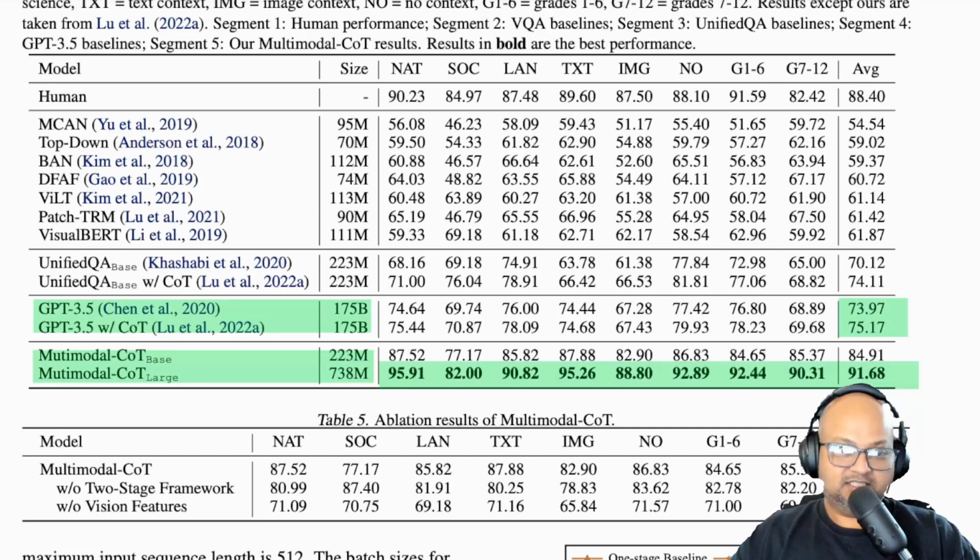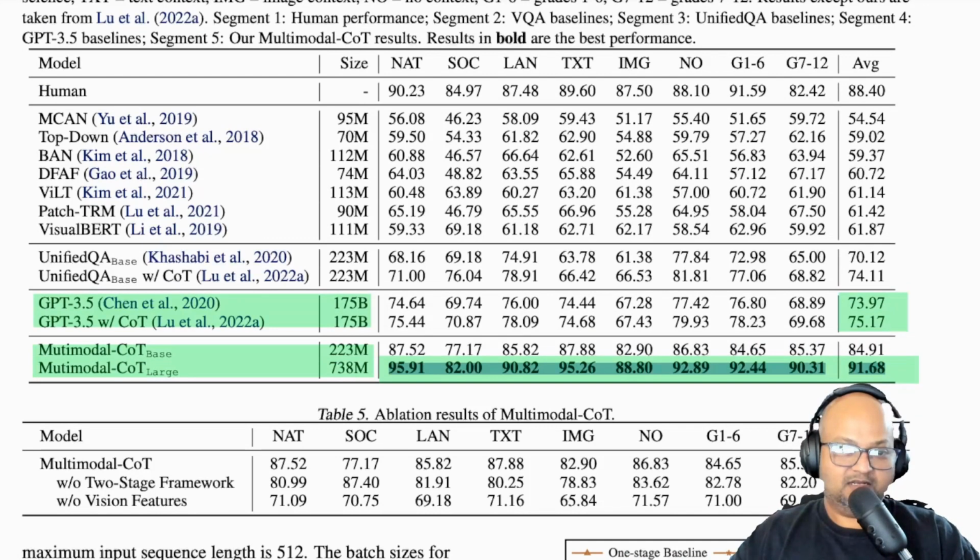And as you can see over here, even with these small models with less than 1 billion parameters, they are handily beating GPT-3 with chain of thought. So that's the key benefit, that with this additional information, the incorporation of vision features, you're able to get much better results with a smaller model.